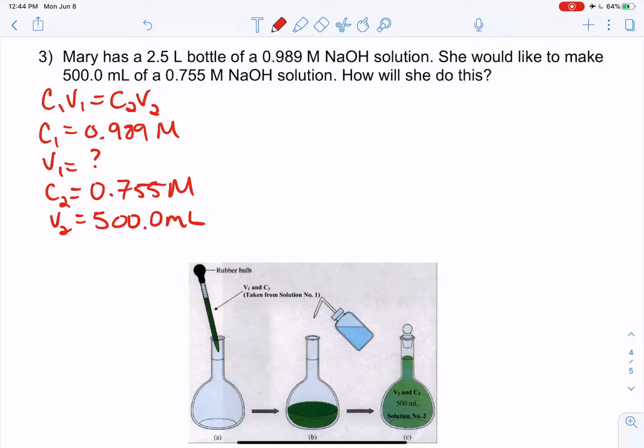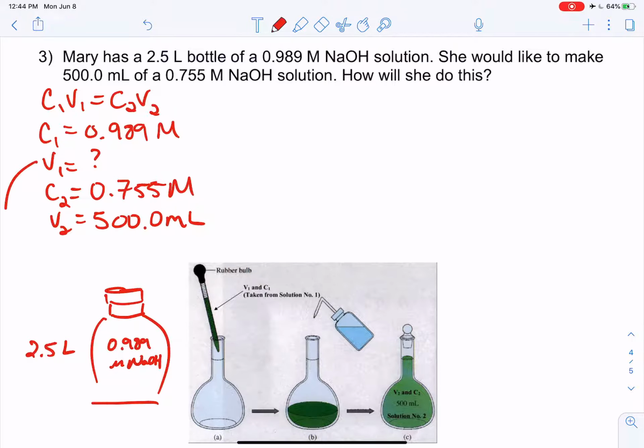Okay, so we have a big bottle. We've got 2.5 liters of 0.989 molar NaOH. It's not green, but this old picture shows some green stuff, so we can just play along. We've got 2.5 liters of this stuff, and we need to know how much of this concentrated solution we need to use in order to make 500 milliliters, which is half a liter.